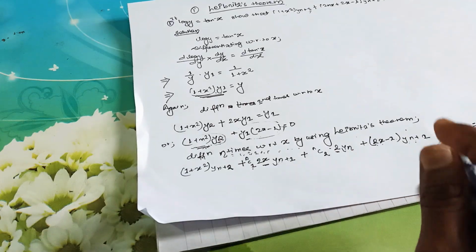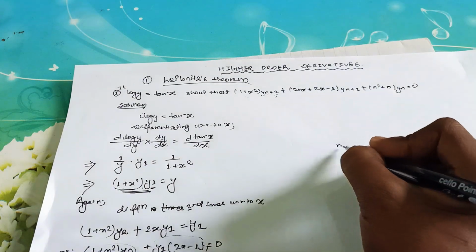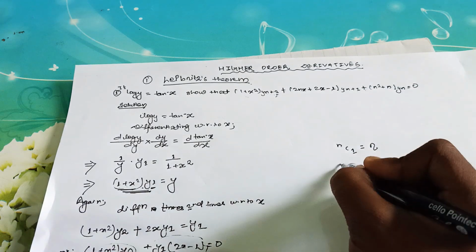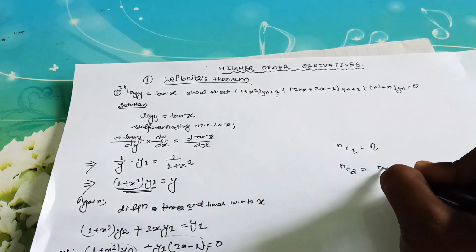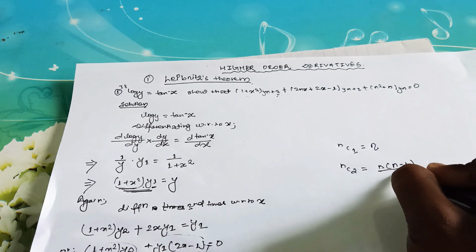Now arrange it. Before that, we have to know that nC1 is equal to n and nC2 means n times (n minus 1) by 2.